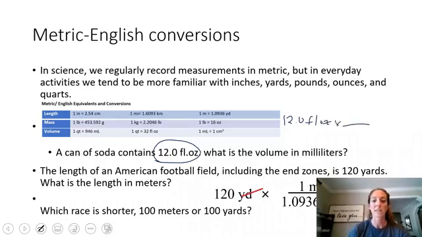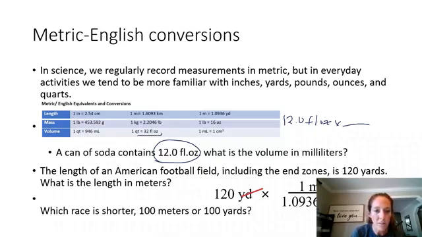I want to get to milliliters. But if I look at my fluid ounces down here, the only conversion factor I'm given goes from fluid ounces to quarts. Well, that's not what it asks for. It asks for milliliters. But if I look over here, I can go from quarts to milliliters. So this is going to be a two-step problem, similar to that last one that we did.